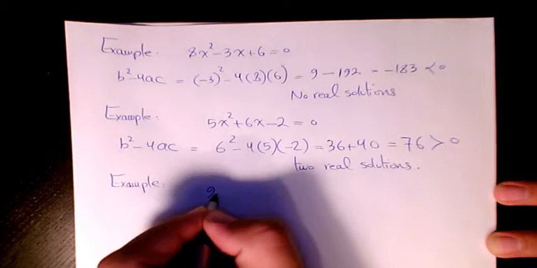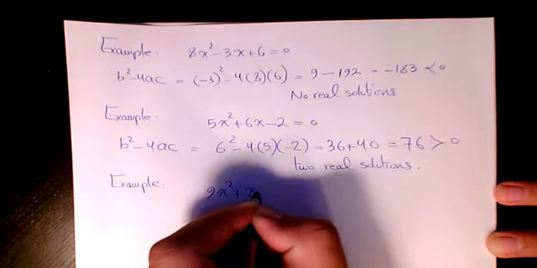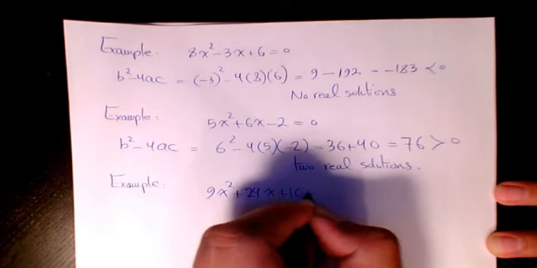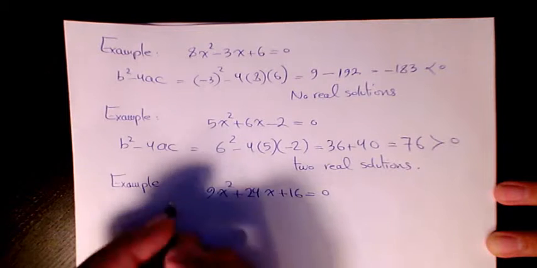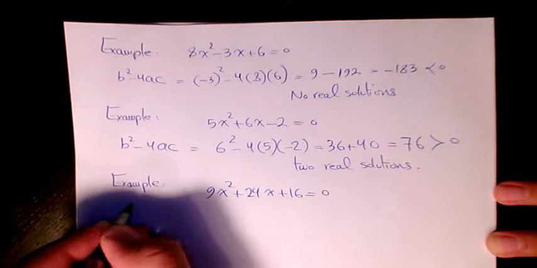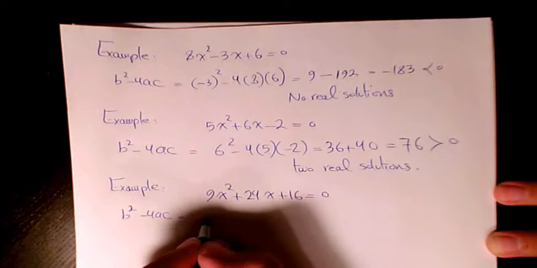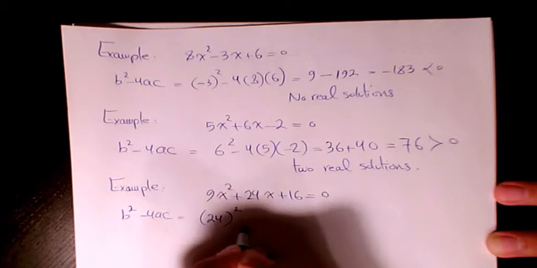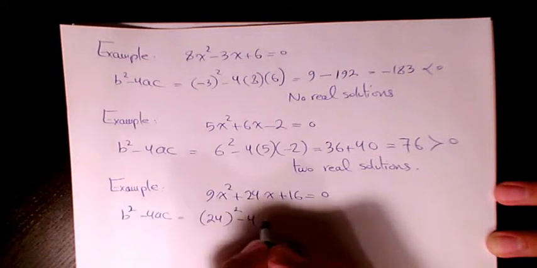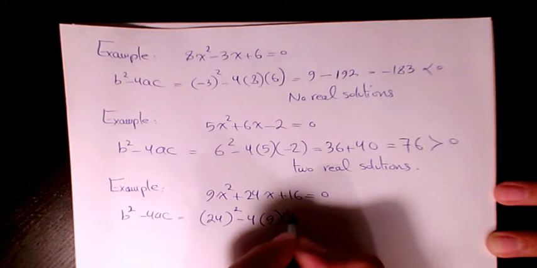We have 9x squared plus 24x plus 16 equals 0. So we need to find out b squared minus 4ac. b is 24. 4 times a, 9 times 16.